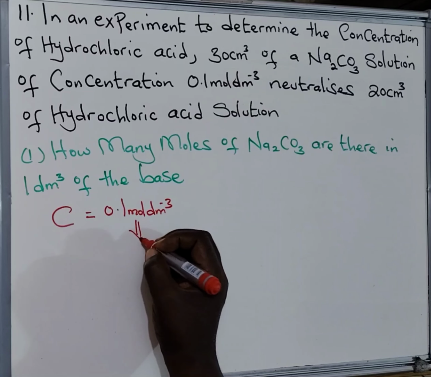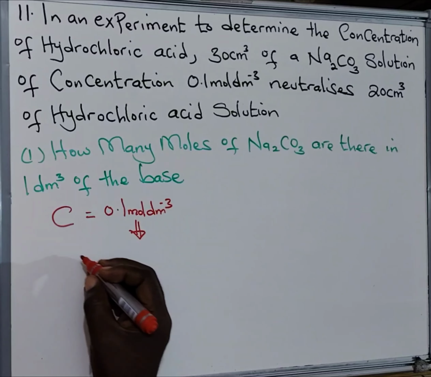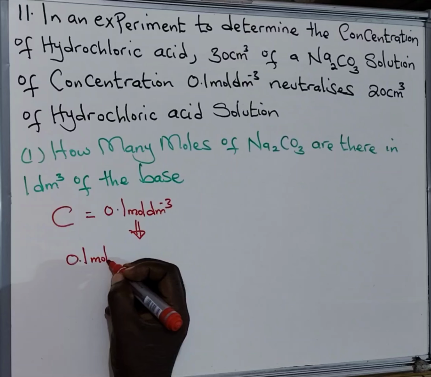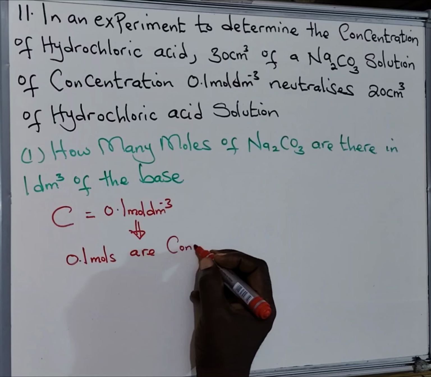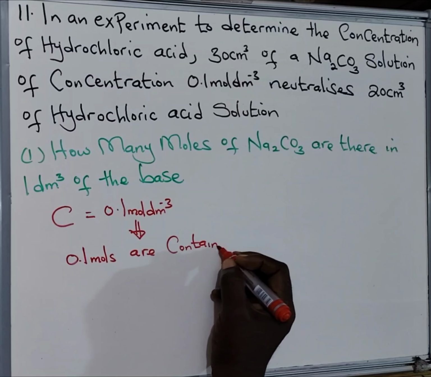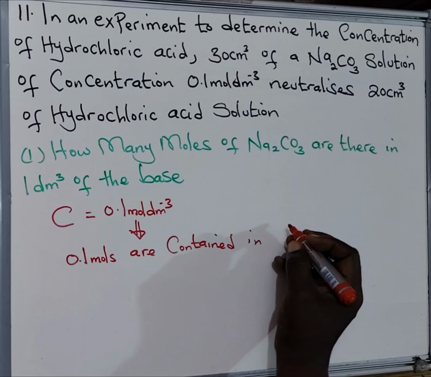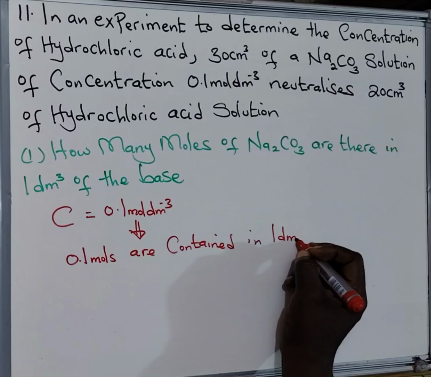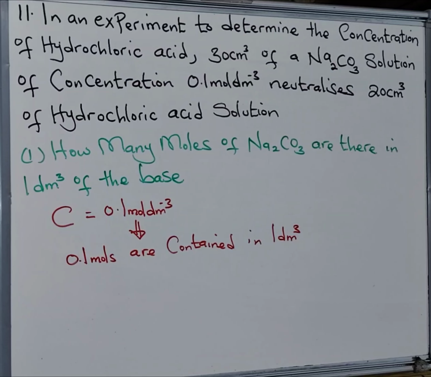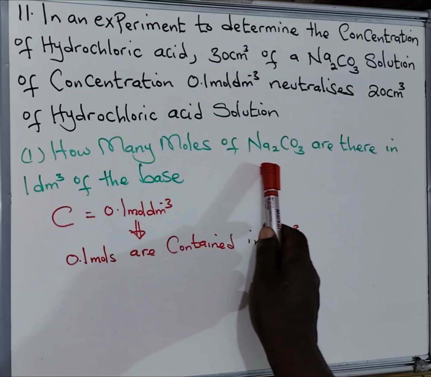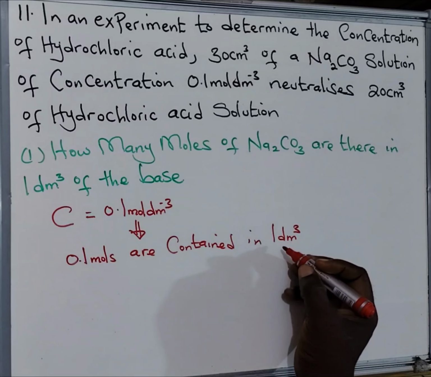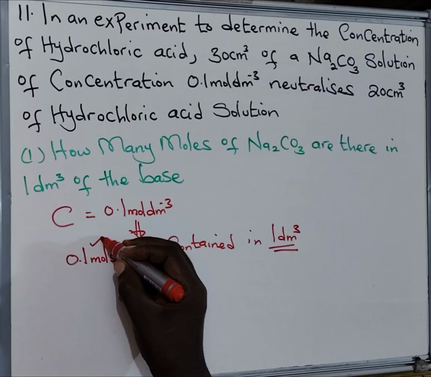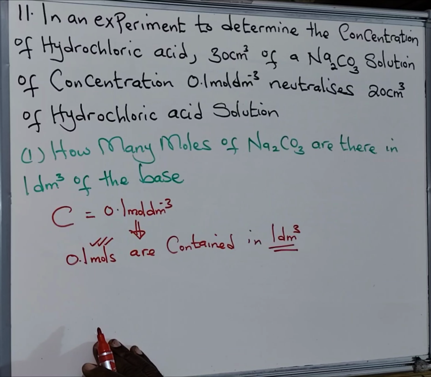If you expand this one, it means that 0.1 moles are contained in 1 cubic decimeter. So the question says, how many moles are there in 1 cubic decimeter? So what is the answer? 0.1.